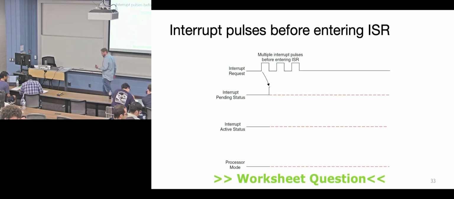What do you think happens if you get lots of edges or lots of interrupt pulses? Does pending status just stay high after the first one until the processor goes active, and then it goes low again? Why would that be a good idea or a bad idea?